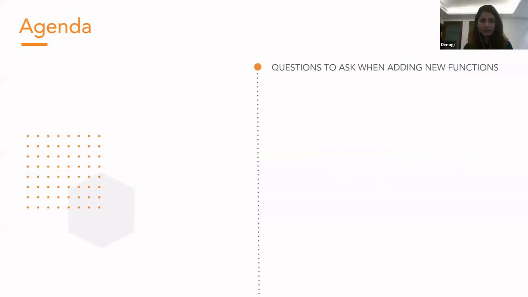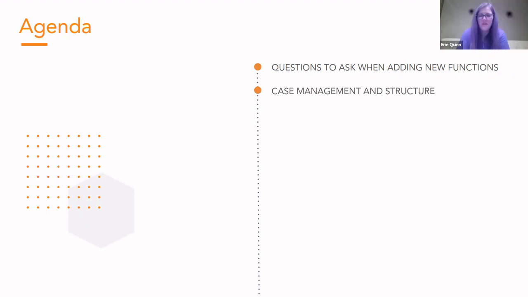Okay, so to quickly run you through the agenda for today, the first thing we want to cover is what are some things you should be asking yourself when you are building on to an existing application while adding new functions. How do these new things that you are adding impact your existing case structure? Or if you're trying to build case management from scratch, how does that impact your entire application?